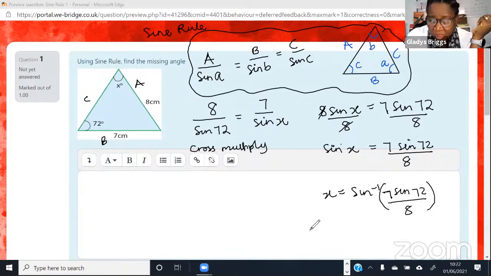So you need to put sine inverse in your calculator before you start anything. Shift sine, then you put your fractions button on. 7 sine 72 on the top over 8. And that should give you x to be equal to 56 degrees.